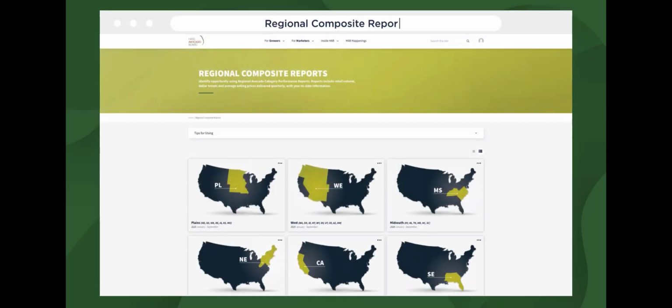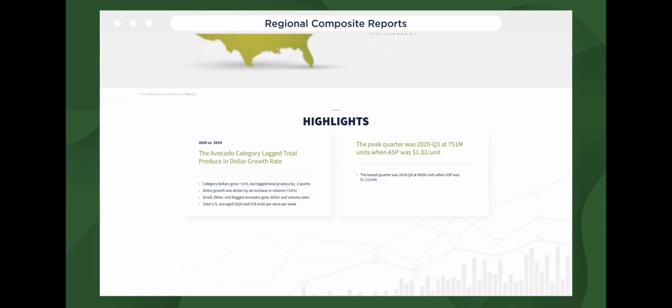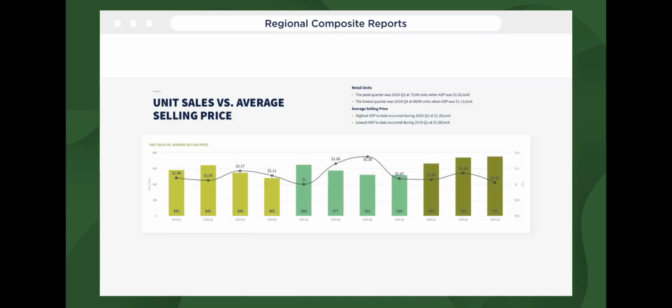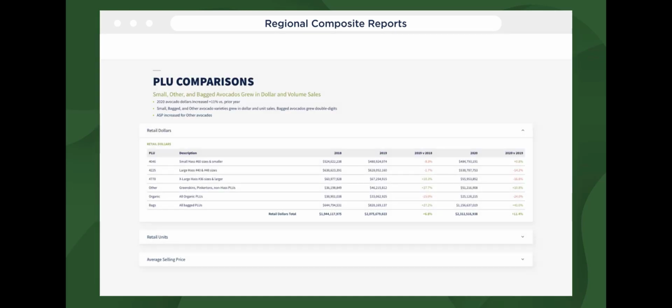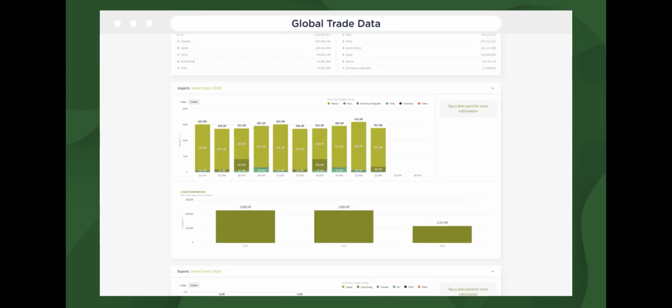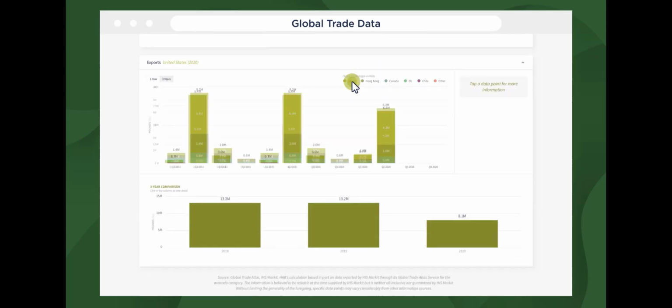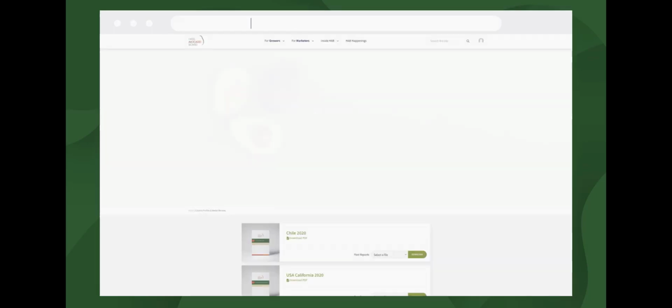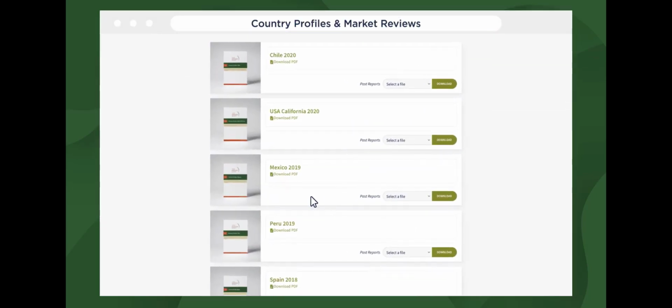You can access regional composite reports to explore quarterly retail volume, dollar trends, average selling prices, and more for 8 regions across the United States. Our global trade data explores top-line volume trends by quarter and annual breakdowns between producer and exporter countries. And country profiles and market reviews provide a look at the Hass avocado in countries across the globe.